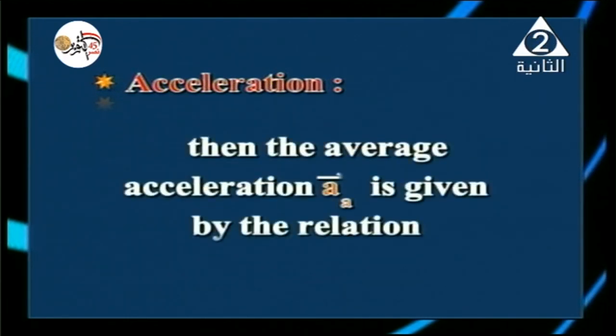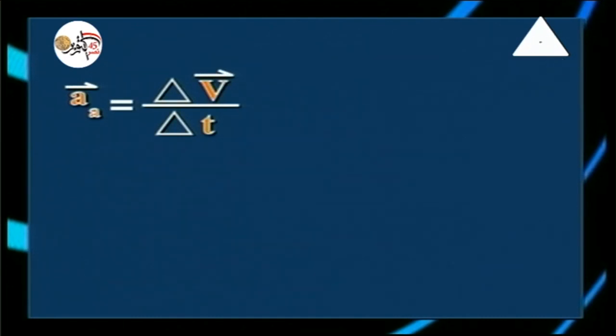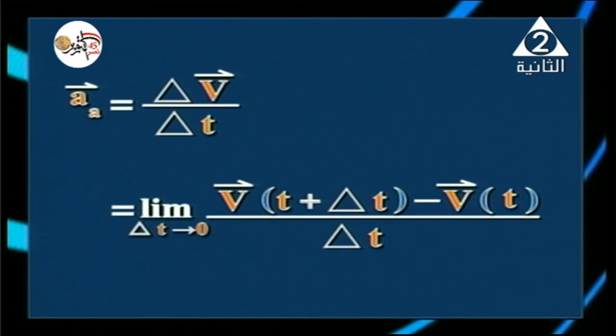Acceleration, its symbol a. Then the average acceleration vector a is given by the relation: a vector equals delta v over delta t, change of velocity with respect to time, or equals the limit when delta t tends to 0 of v(t plus delta t) minus v(t) over delta t, change of the velocity with respect to time.